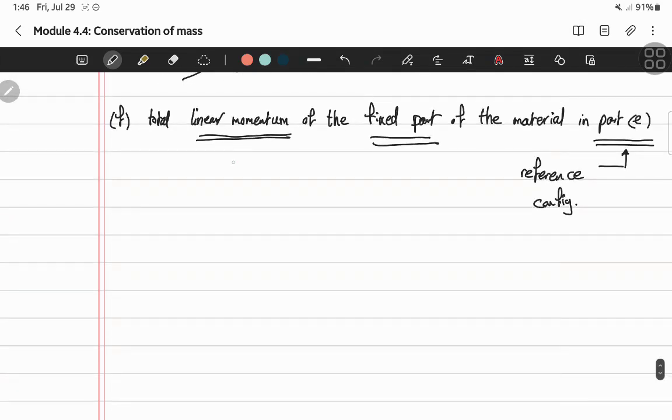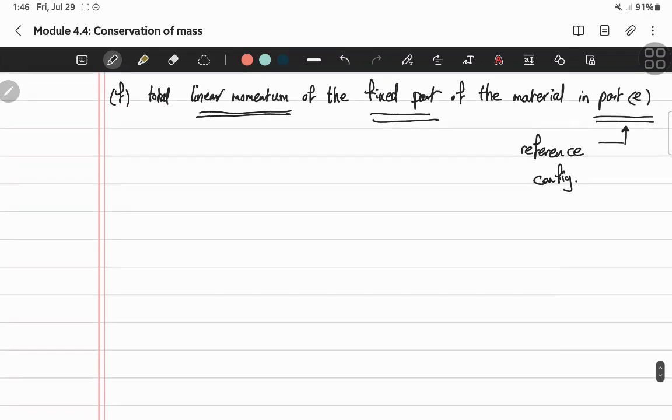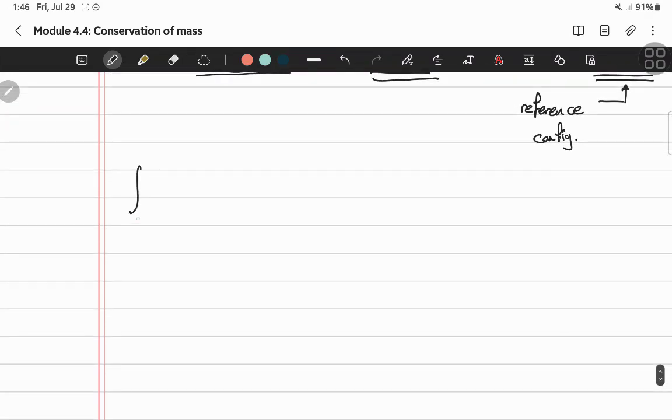So if you remember, linear momentum was mv, right? So here we can write the integral of rho of x and t, v_i dV, changing from x1 1 to x1 2. So again, we have this x1 1, x1 2.